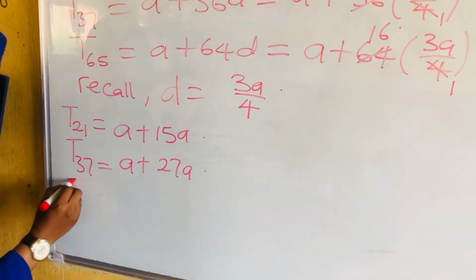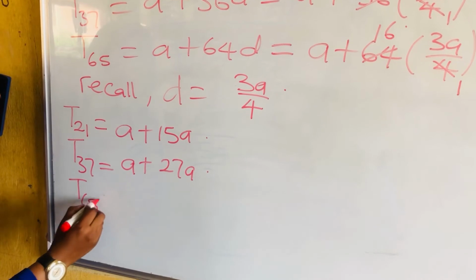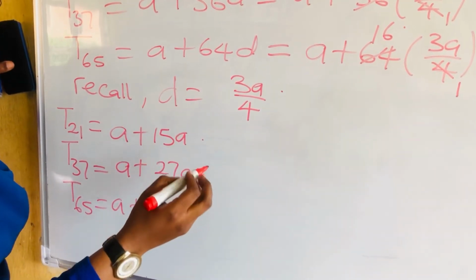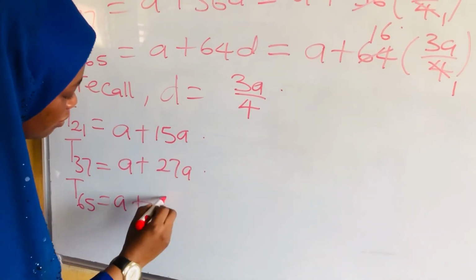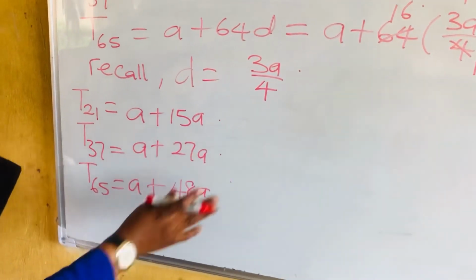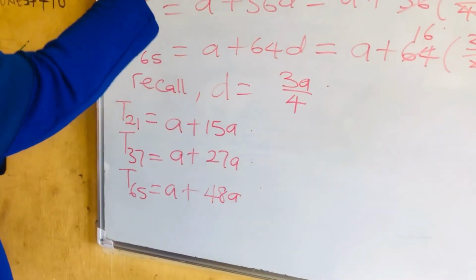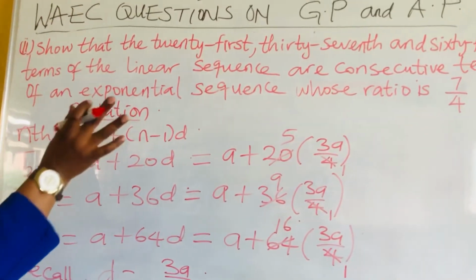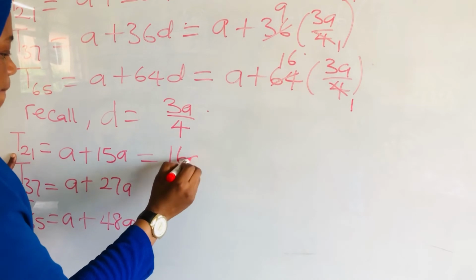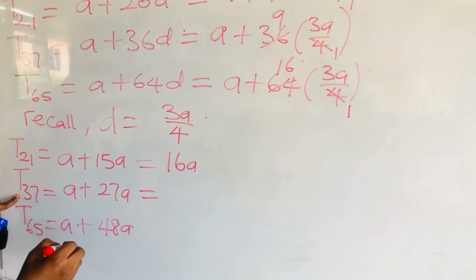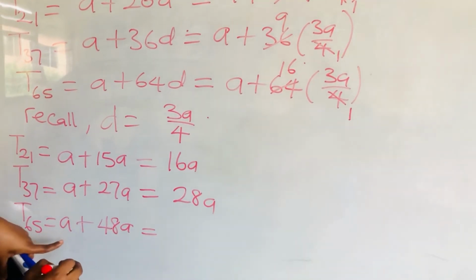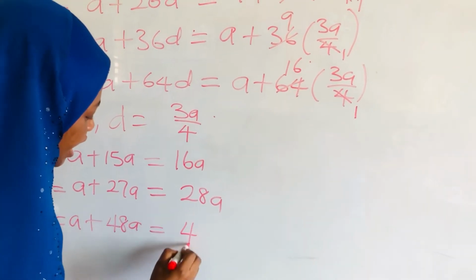And 65th term will be equal to a plus 16 times 3, that is 48a. So all these ones, they are now the consecutive terms of an exponential sequence, that is GP. So now we have a plus 15a, 16a, followed by the 37th term, which is 28a, and the 65th term, a plus 48a gives 49a.